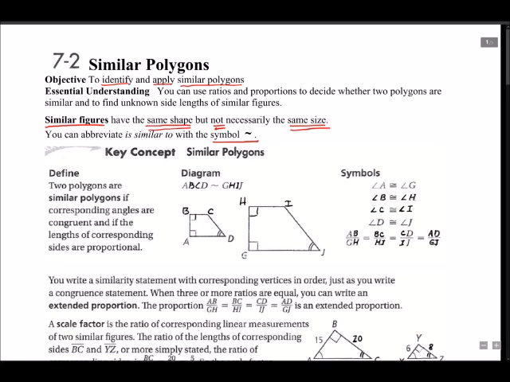Congruent means the same, right? Equal. Congruent is equal and similar. So congruent means they have the same shape and equal size, whereas similar figures do not have to have equal size.